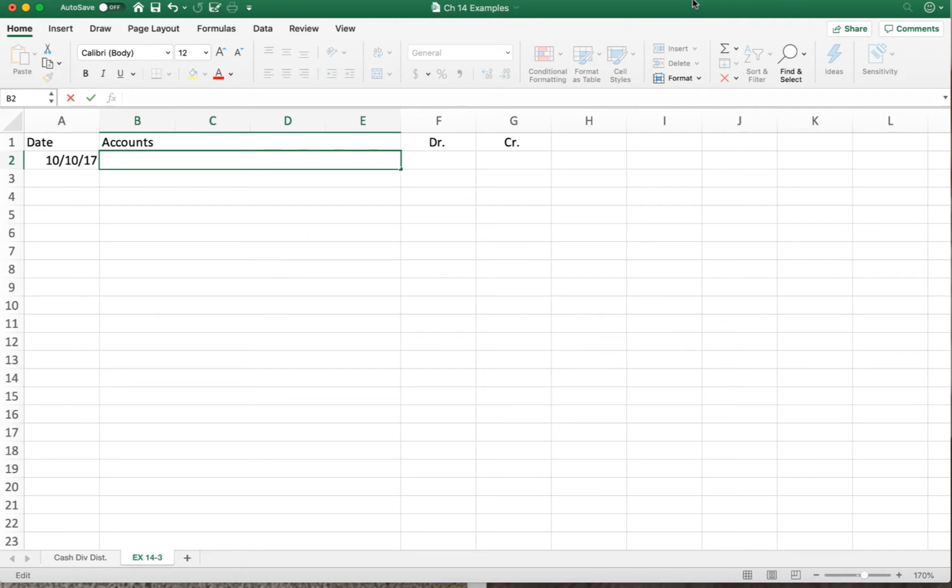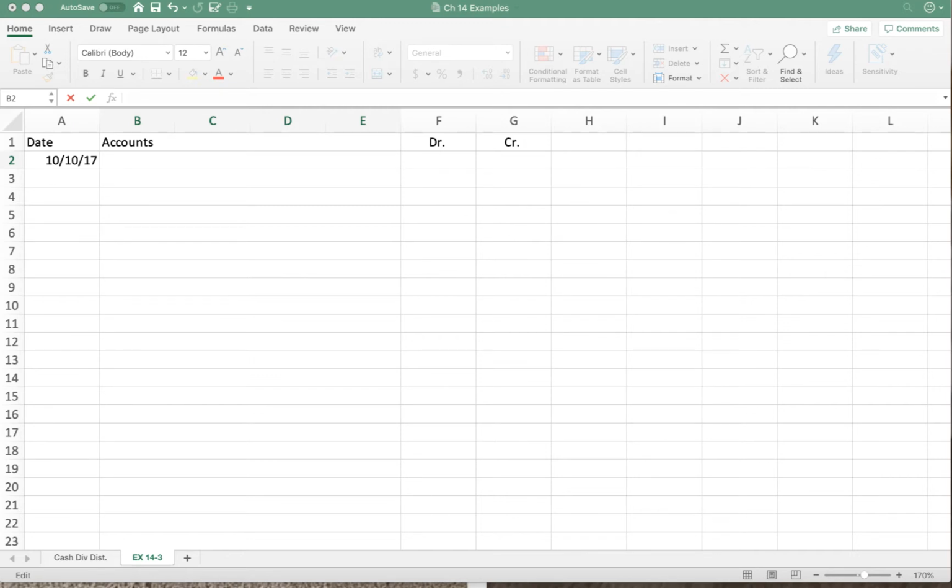In part B, it says par value is 5 and the market price is 20. Okay? So the first thing that we need to do is figure out, as of December 10th, 2017, what are the total shares outstanding?